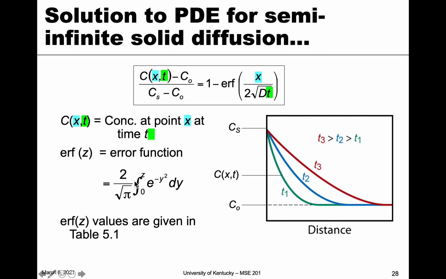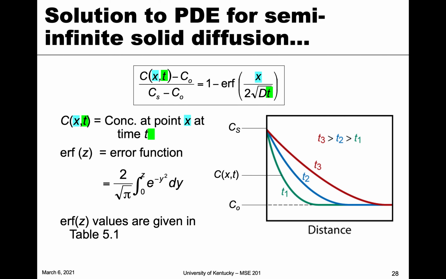We'll explain that more in a second. But it's equal to the ERF of the position, x, over 2 multiplied by the square root of diffusivity, or diffusion coefficient, multiplied by time. The values for the ERF are also in your book in table 5.1. So these are something that we're going to be able to tabulate.